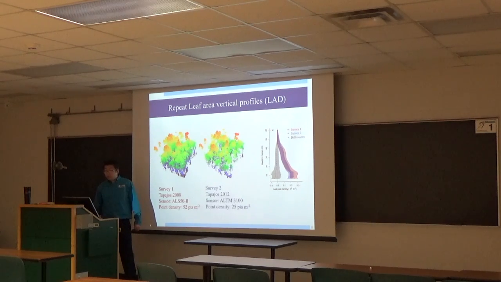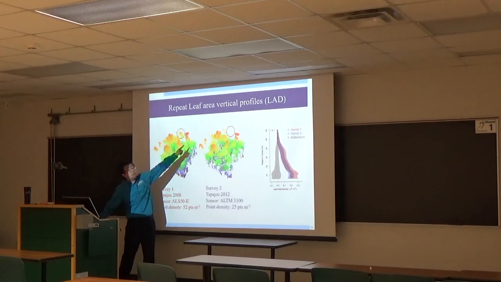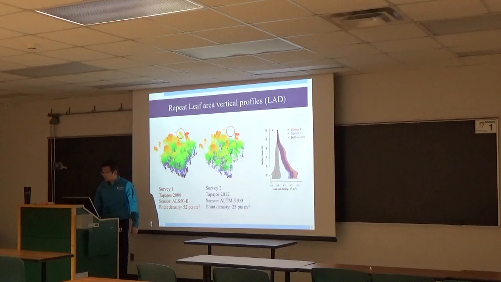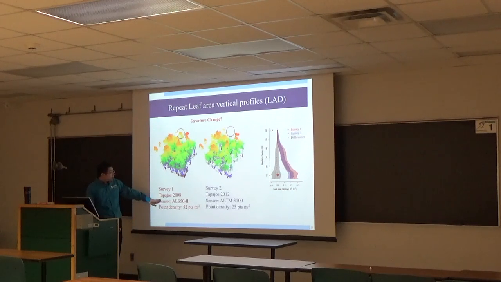And when we check on the forest structure, especially for this part, we see there's some like a tree loss there. And yeah, the next question is, can we claim this is structure change, and the structure change makes the profile change like this? Maybe not. Because if you see more details about the 2 data sets, the sensor of the LiDAR is kind of different, and also they have a different quality.